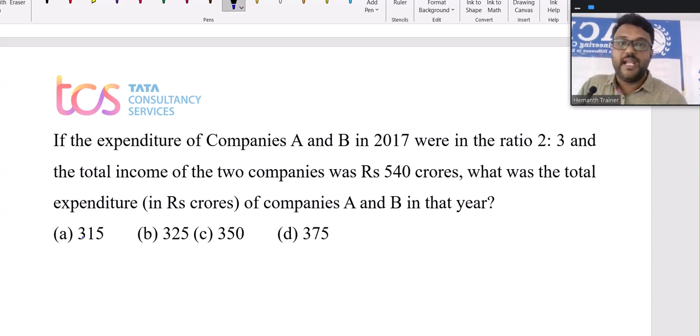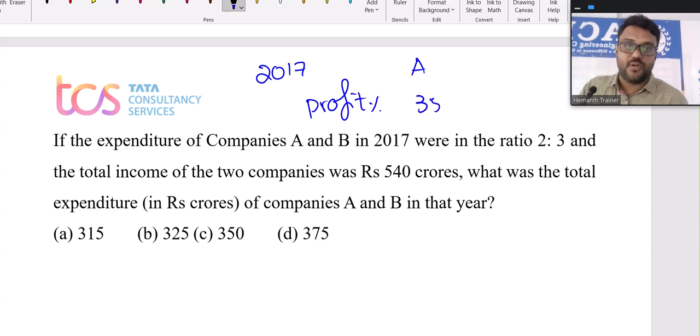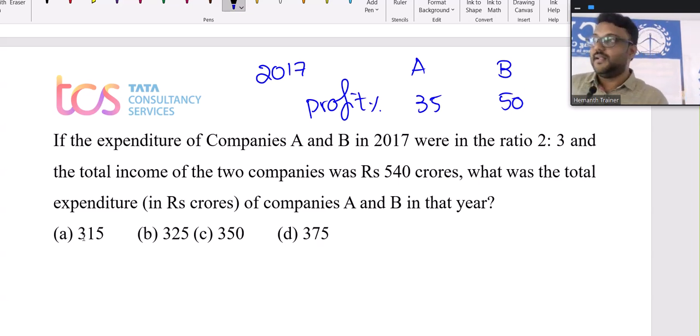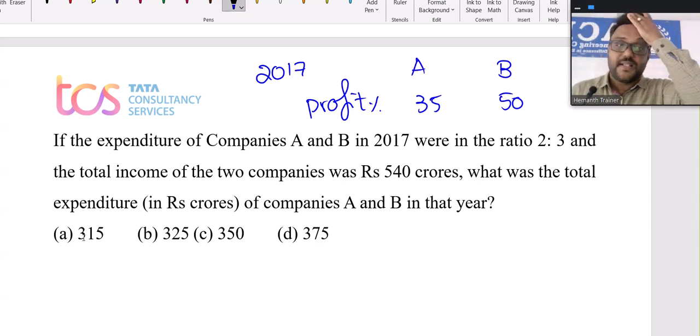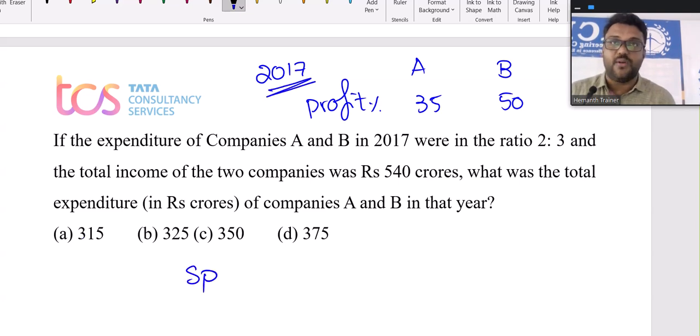A profit in 2017 is 35%. B profit in 2017 is 50%. Just now we took that, right? So what they said, total incomes of 2 companies in that year means selling price of A plus selling price of B. This is regarding 2017 only.